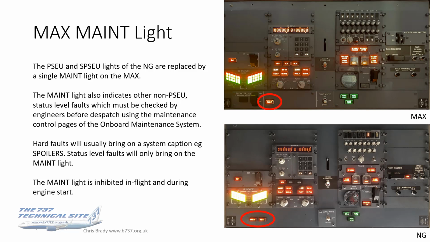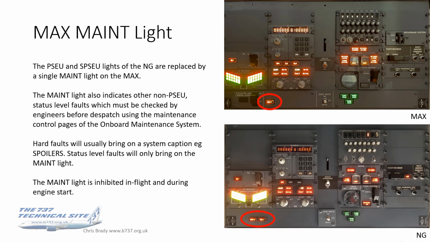Hard faults, which are basically the equivalent of a dual channel failure, or some other hardware fault, will usually bring on the system caption. So, for instance, the spoilers light that we saw previously, if that's fully fallen over, then that light will illuminate. So status level faults will only bring on the maintenance light.